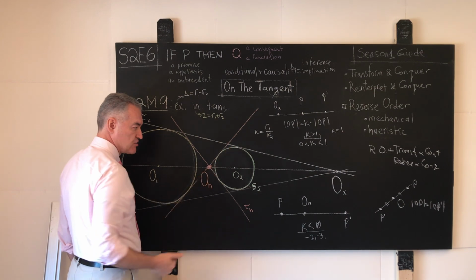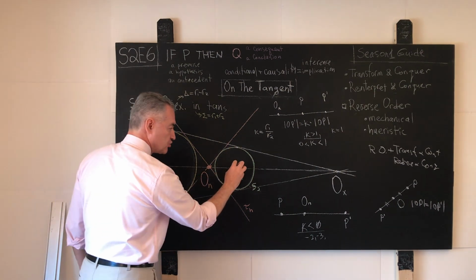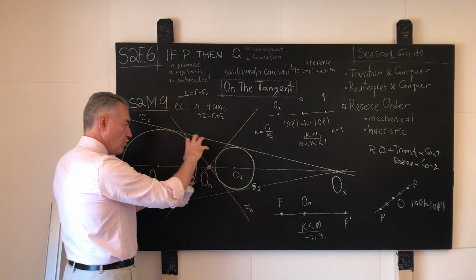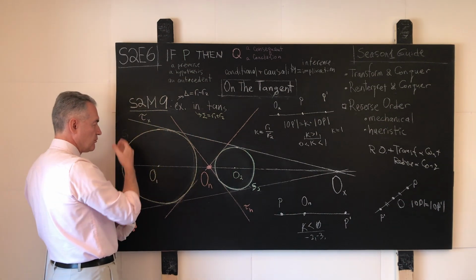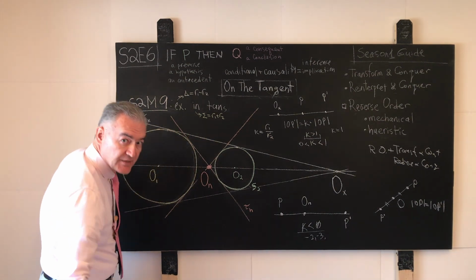It will remain tangent to the circle S2, but the circle S2 will uniformly grow and at some point become precisely the circle S1.